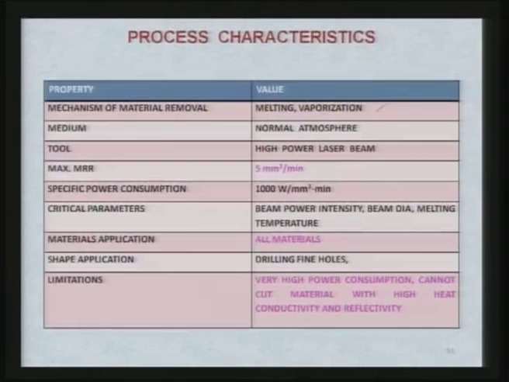It is not good for copper and aluminum, because copper has high thermal conductivity also. So, limitations are, as you can see here, very high power consumption, cannot cut materials with a high heat conductivity and reflectivity. That is why I mentioned aluminum and copper.